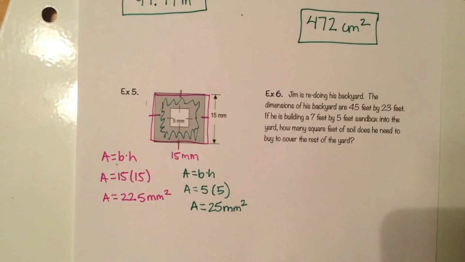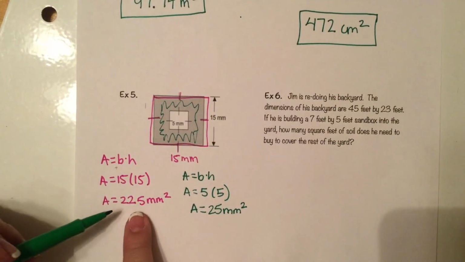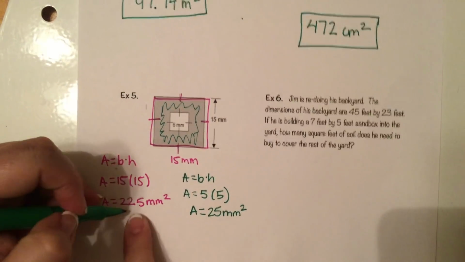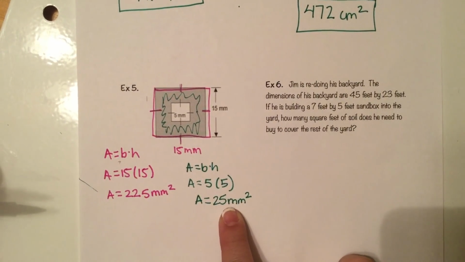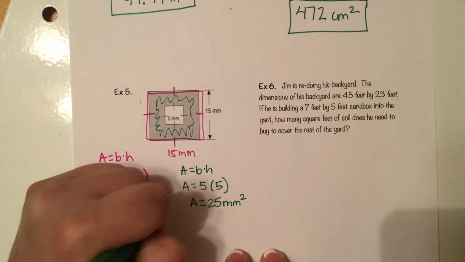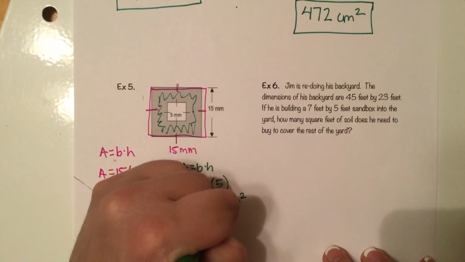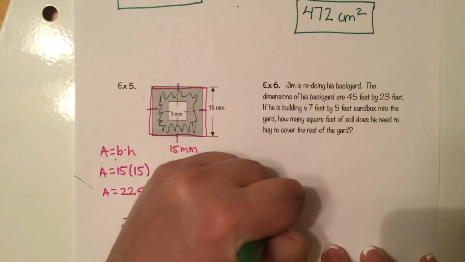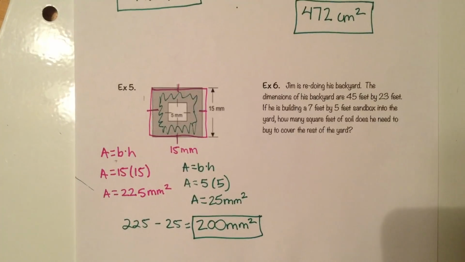Okay, now to find the area of just the gray section, I'm going to take the area of the total square together and subtract the inner part of my square that I'm removing or punching out. Okay, so I'm going to take 225 minus 25, which leaves me with an answer of 200 millimeters squared. This means that the gray section of my figure is 200 millimeters squared.